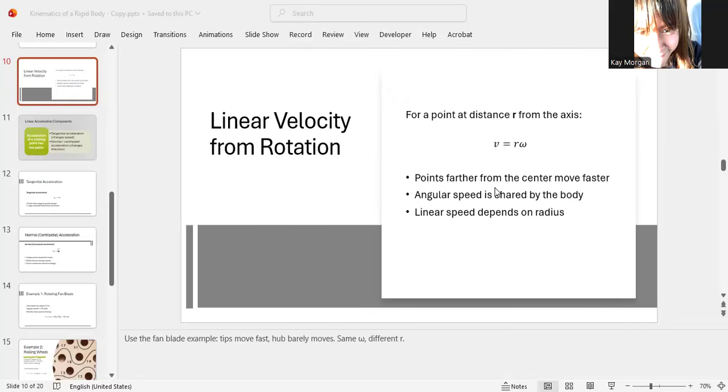So the angular speed, again your omega, is the same for the entire body. It doesn't matter where the point is in the body. The linear speed is going to change with the radius, depending on where the point is away from the center. So make sure you remember: the same angular velocity omega, different radius little r, and then of course different linear speed little v, are connected to each other with this equation.